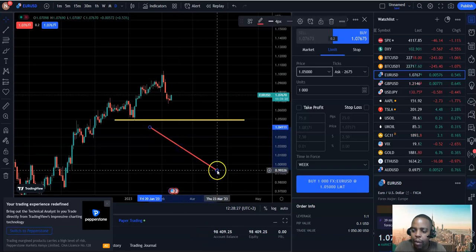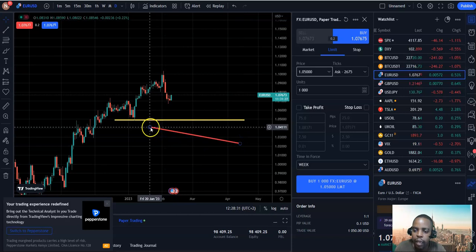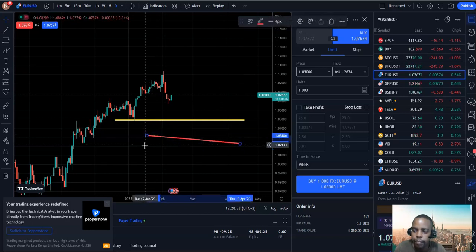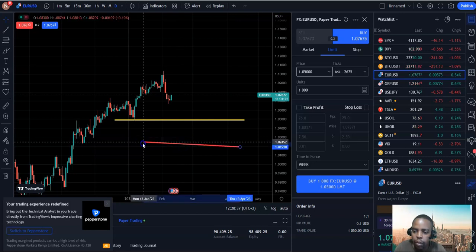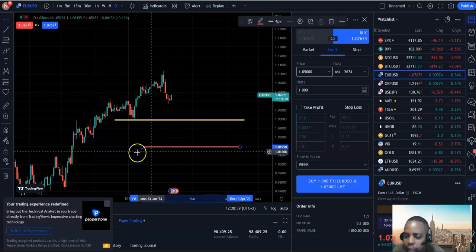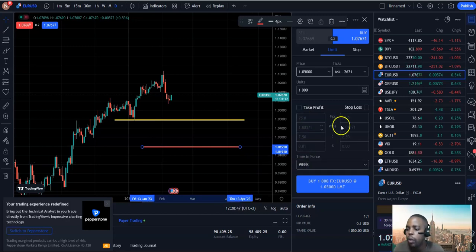I want a stop loss around about here. Let me see the price action. I want a stop loss at 1.01942. There's my stop loss. I can start by typing it there.